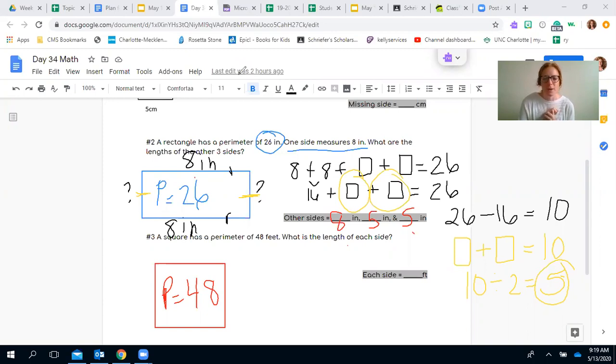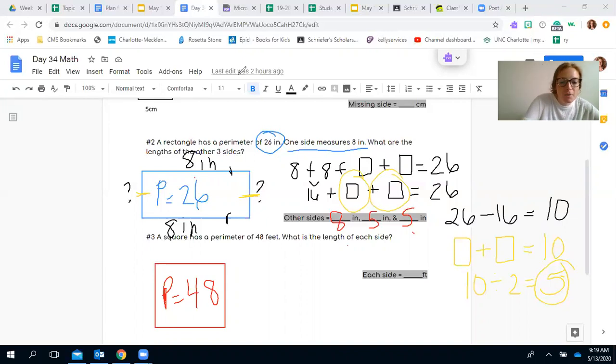What is special about a square? They have 4 equal sides. So 4 equal sides. All sides added together are going to equal 48, and all of the sides are the same. They're equal. What operation do you think we could use to help us figure this out?